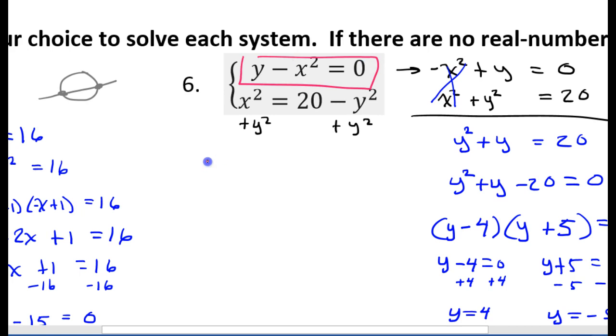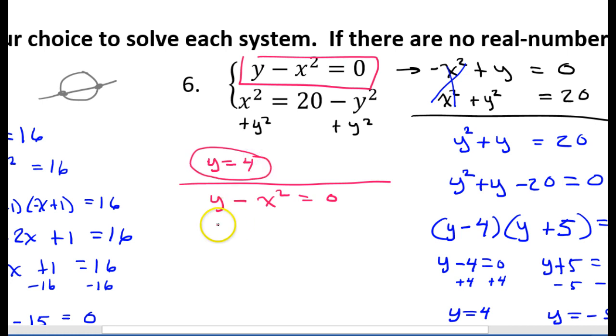So let me just recopy that. Let y equal 4 and see what happens to the top equation. So I have y minus x squared is equal to 0. So if y is equal to 4, then this becomes 4 minus x squared is equal to 0.